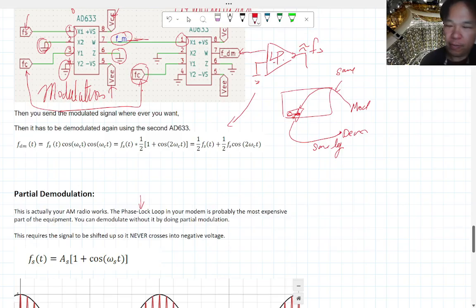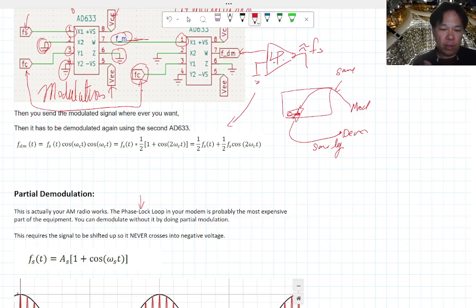And in order for this to happen with your internet modem, which has this phase lock loop in it, the phase lock loop is going to be a little bit expensive. That's why if you don't return your internet modem, they're going to charge you $150 for it. A lot of that is in this phase lock loop circuit and the multiplier chip.